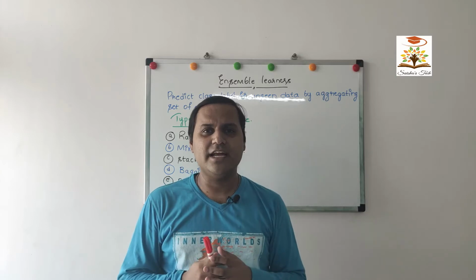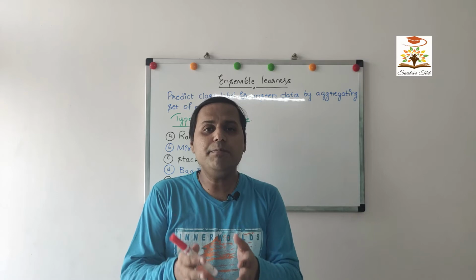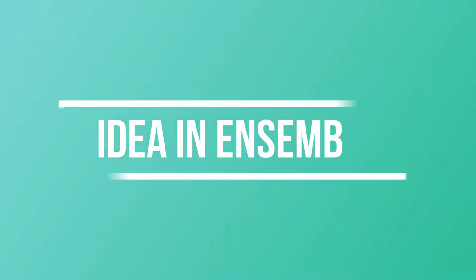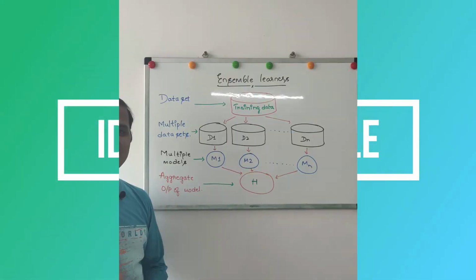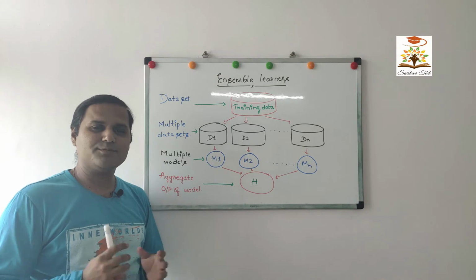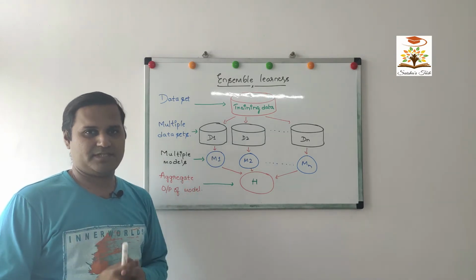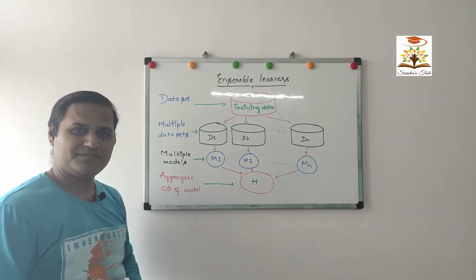Now let us understand the diagrammatical approach for implementation of ensemble models. Ensemble learners can be explained diagrammatically with 4 simple steps.